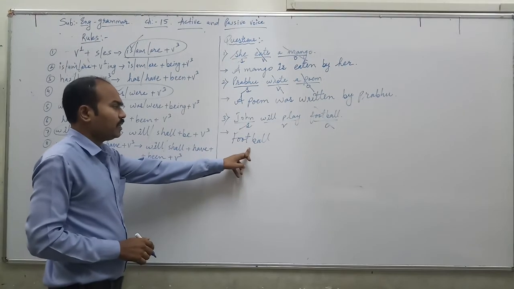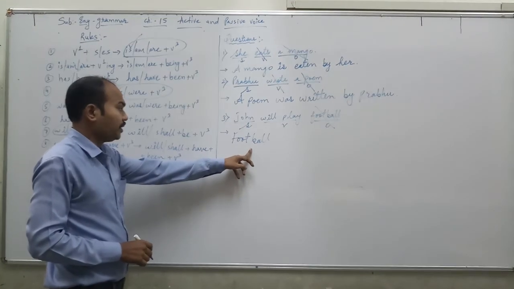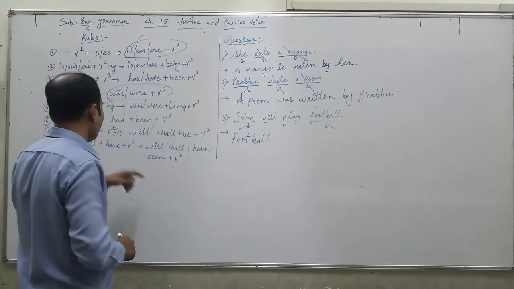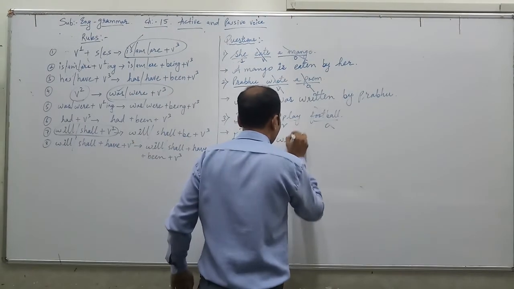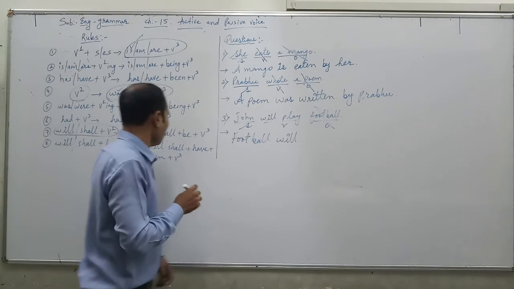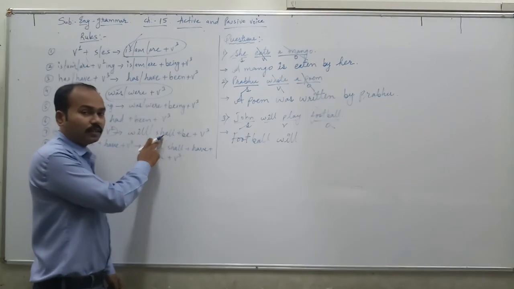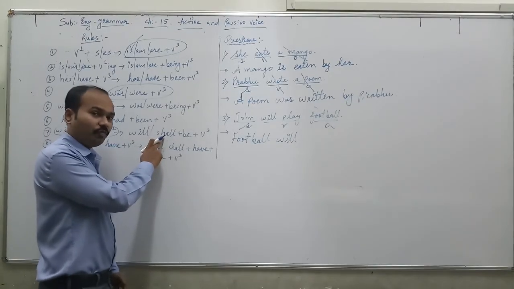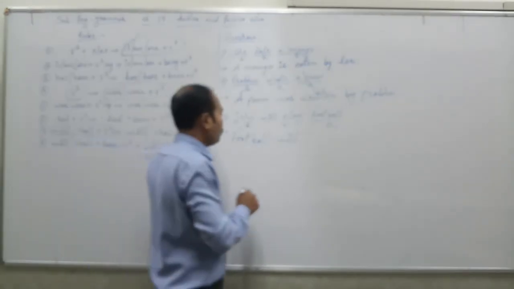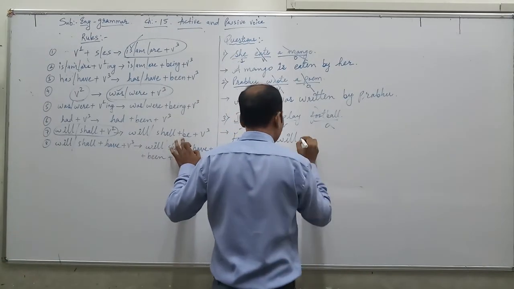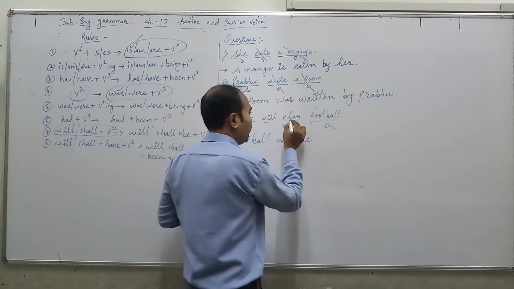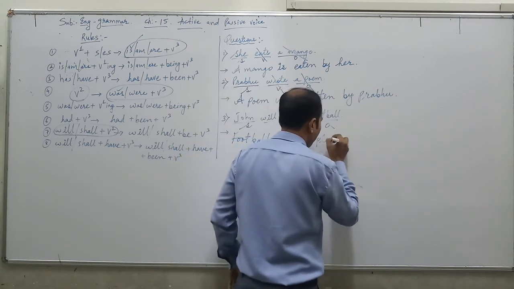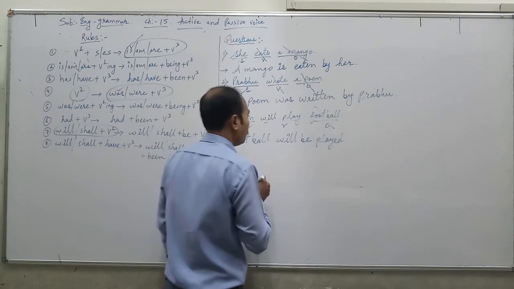Football is a third person singular pronoun. So we will use over here will, because you know that we use shall with the subjects I and we mostly. So football will, then be, then the third form of the verb play is played.